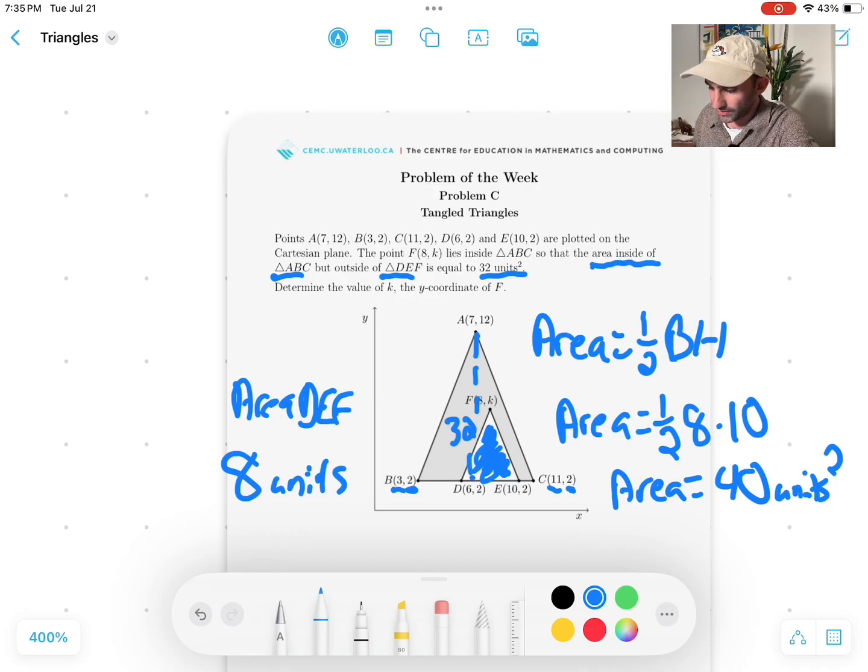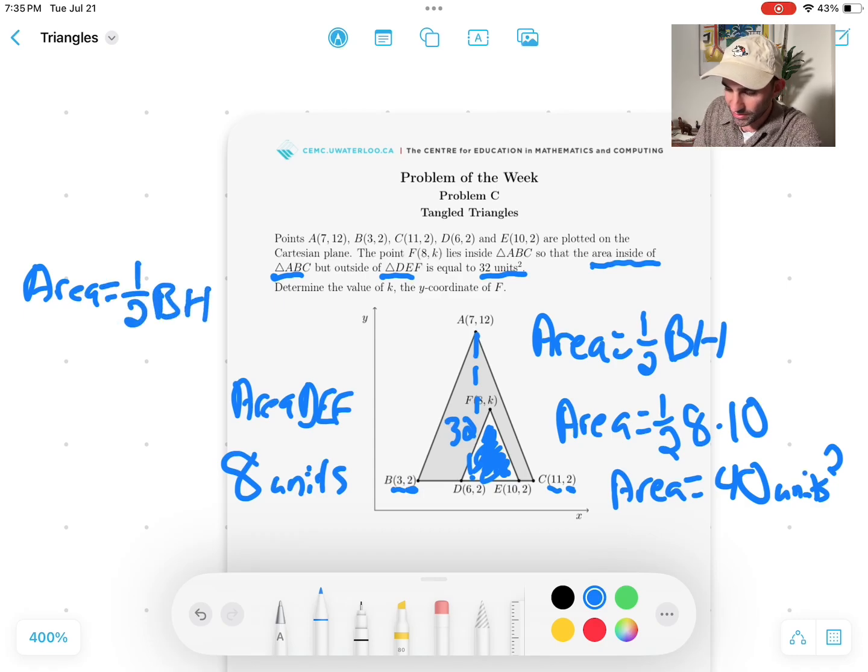Okay. Now here is where we can figure out K, because we know that the area of DEF equals 1/2, again, base times height. The area is 8, so 8 equals 1/2. And our base goes from 6 to 10.